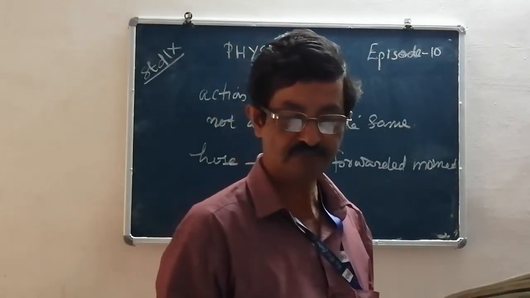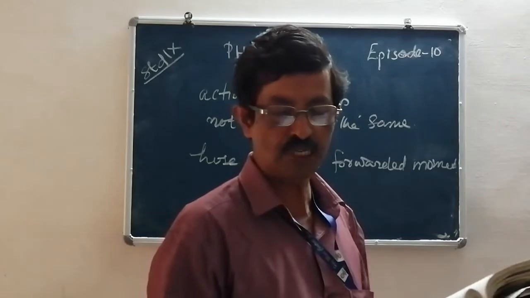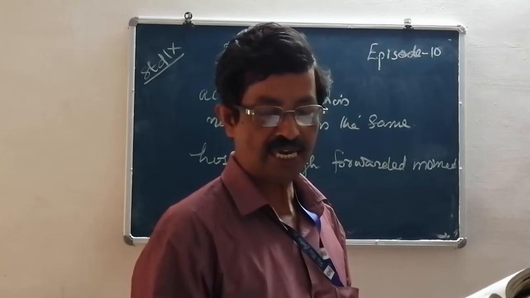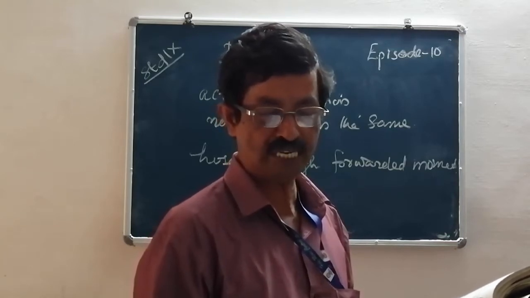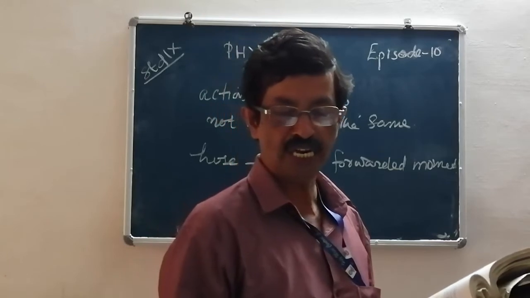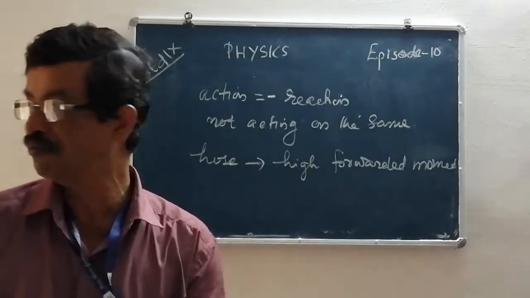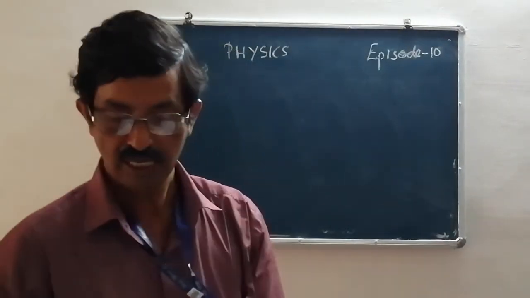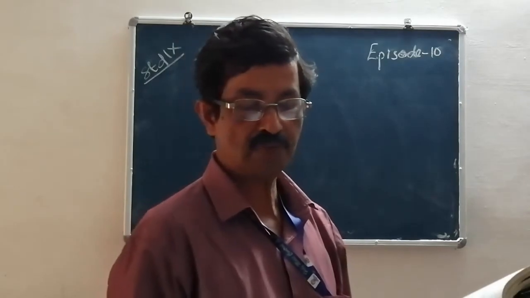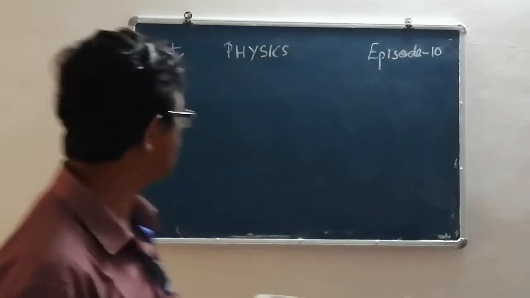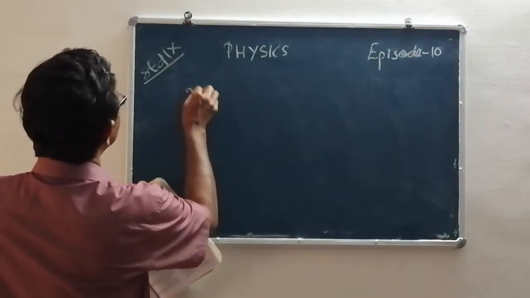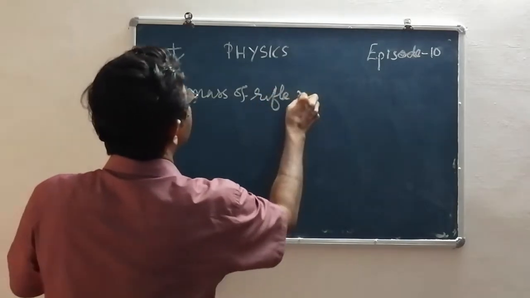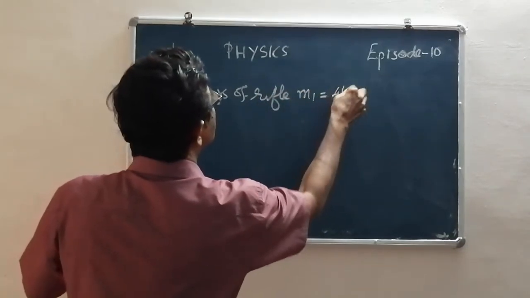Then another question. From a rifle of mass 4 kg, a bullet of mass 50 gram is fired with an initial velocity of 35 meter per second. Calculate the initial recoil velocity of the rifle. See, first the mass of the rifle is given; let M1 be equal to 4 kg.